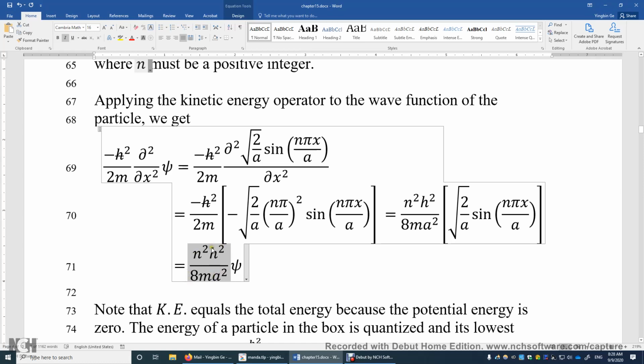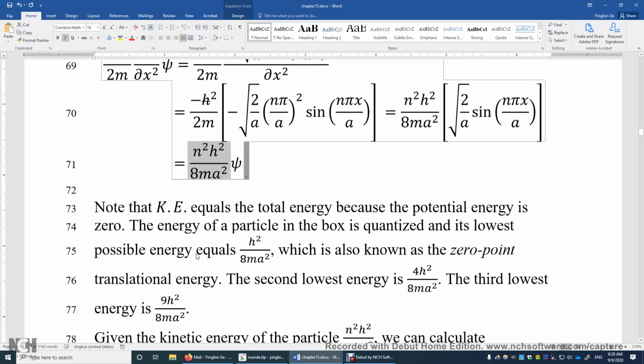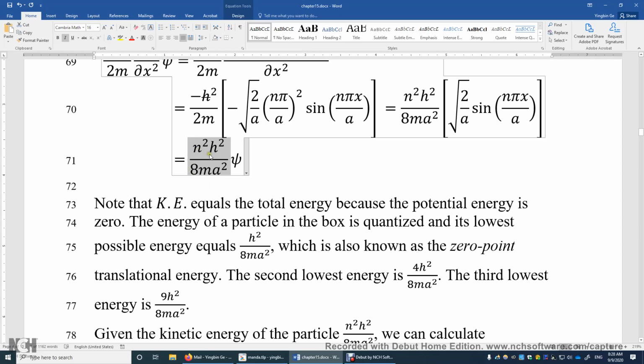So again, this is the kinetic energy. And in this case, it's also the total energy, because remember, the potential energy of the particle inside the box is 0. Again, this is the kinetic energy and also the total energy.